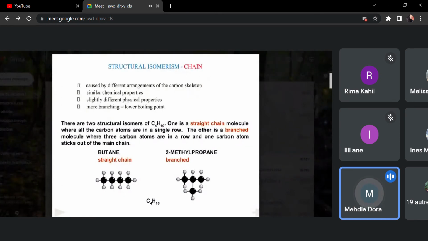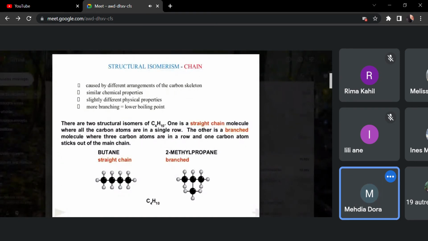Butane here: one is a straight chain molecule, and the other one is a branched molecule, branched with CH3. These two molecules have the same number of carbons and the same number of hydrogens, but their position in space, as drawn here, is not the same.